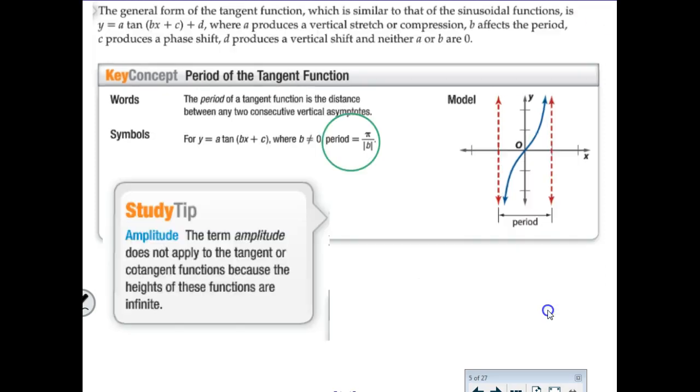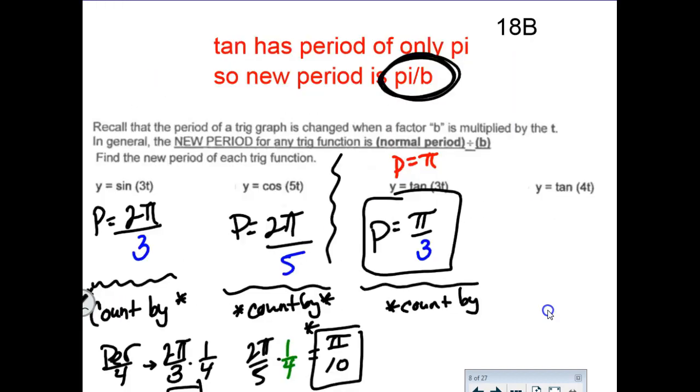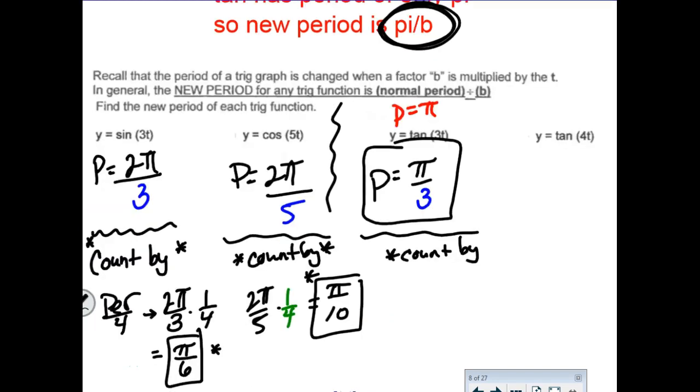So when I ask you what are you counting by on a tangent graph, the way you calculate that is you take the period and you divide it by 2. So for us, that would be pi over 3 times 1/2, better known as pi over 6. That counting by number is going to be really crucial to you when you go to graph.